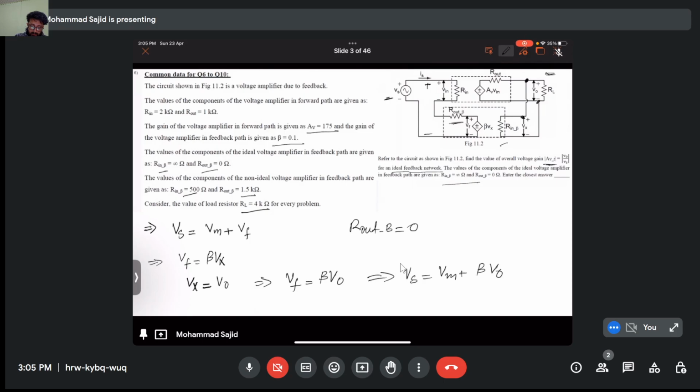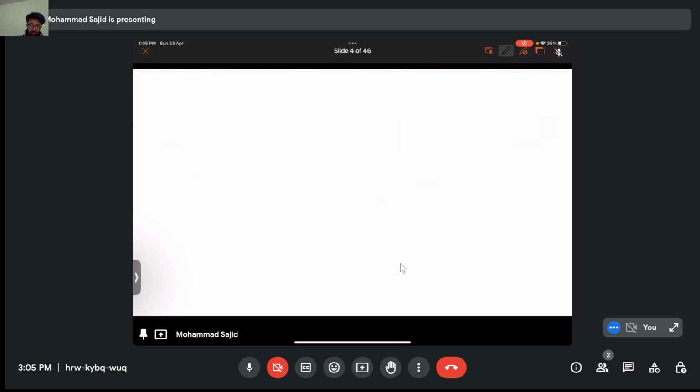Now if you see this loop, what is the voltage? Voltage is given to us as AV Vin. It will drop across R out and R load, right?